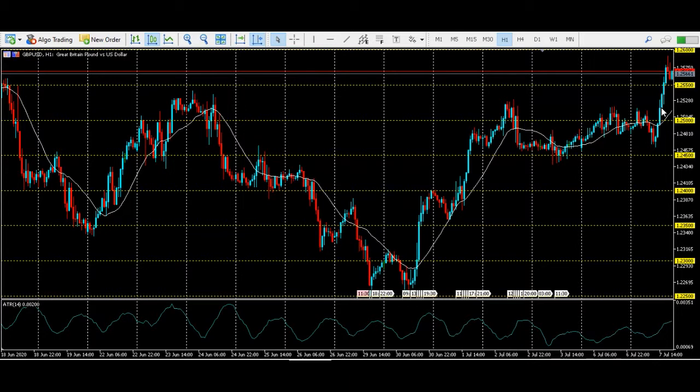If you want maybe to get more than 25 pips, my suggestion is that you use a trailing stop, right? And don't close the trade. Let the trailing stop close the trade. So sometimes there's very strong momentum, like what happened here, right?